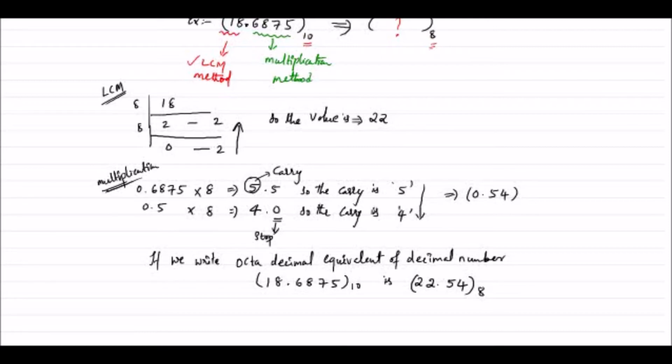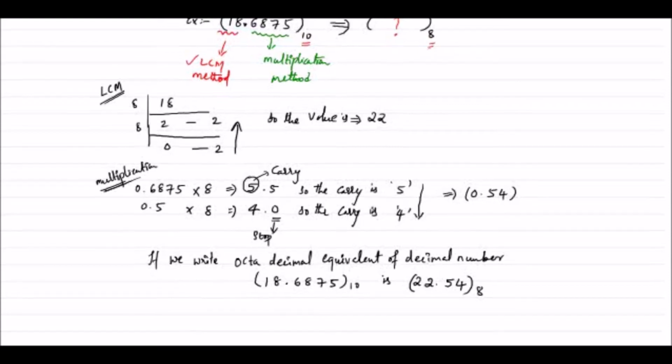I'll write this 5 as a carry aside, and I'll take this 0.5 value here and again multiply with 8. So I'll get 4.0. Since 4 is written here and we have a 0 value here, we'll stop here.